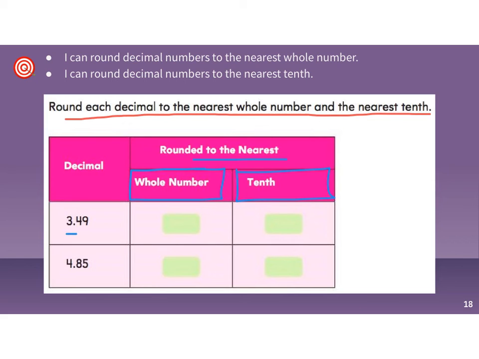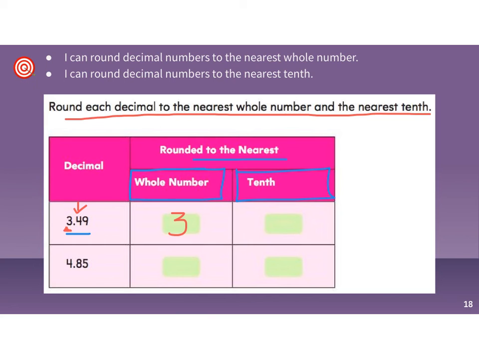So take this number and round to the nearest whole number and to the nearest tenth. So first, rounding to the nearest whole number, that would be the ones place. Look one place to the right. Since that's a 4, I'm going to say this is closer to 3 on a number line than to 4. So I would round that to 3 for a whole number.